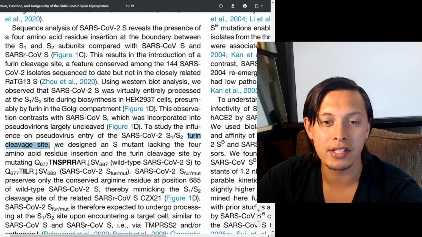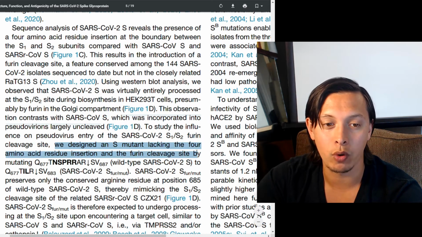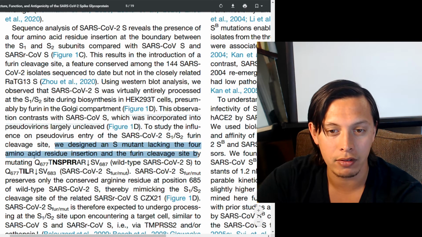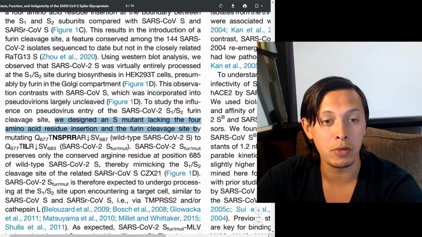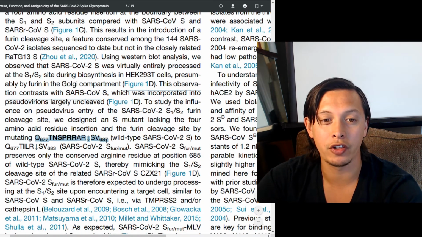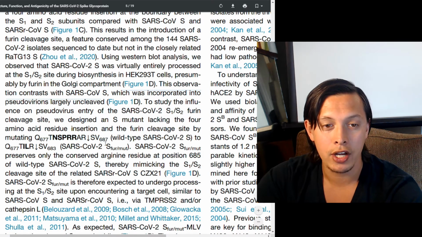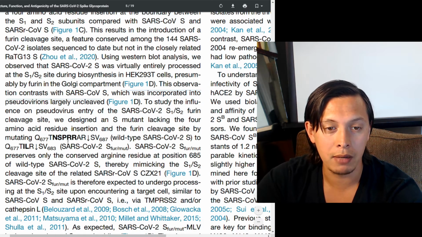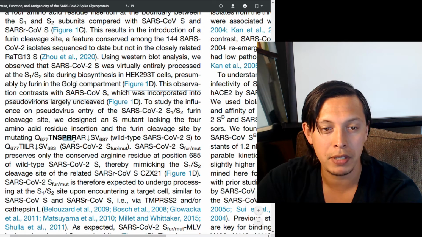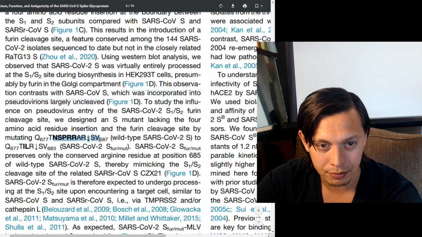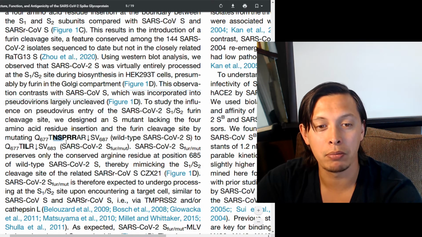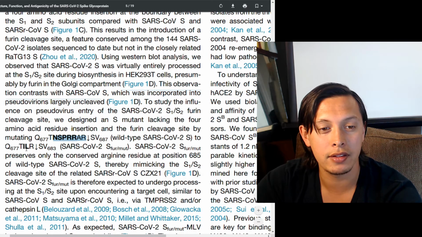We designed an S mutant that's lacking the 4 amino acid residue insertion and the furin cleavage site by mutating this particular amino acid sequence. So here, this entire area has been replaced with these amino acids.